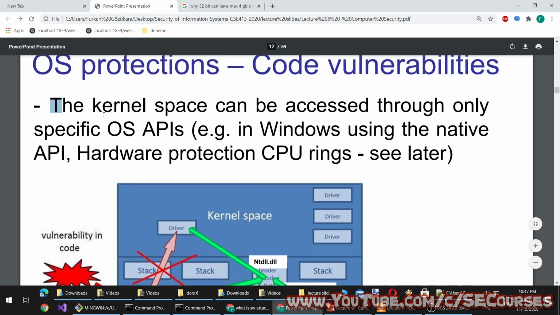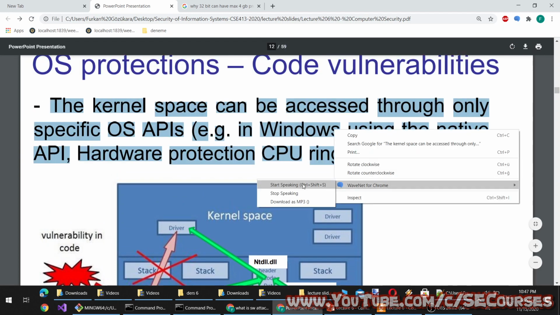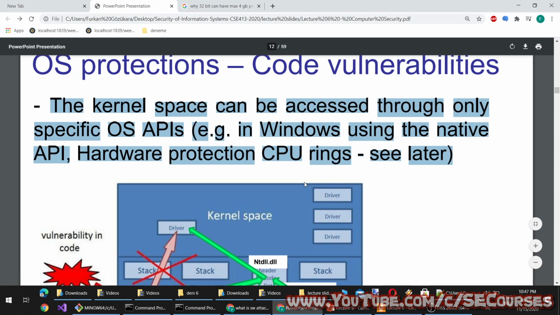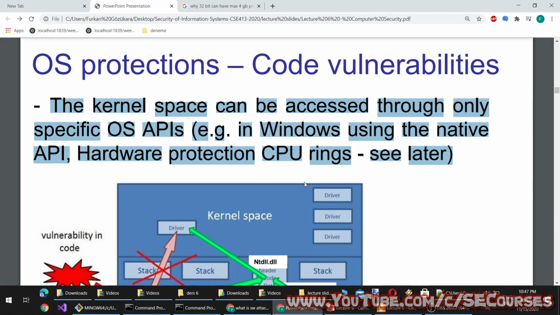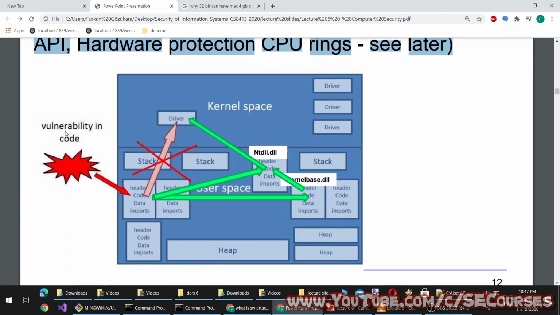OS protections, code vulnerabilities. The kernel space can be accessed through only specific OS APIs, e.g. in Windows using the native API, hardware protection CPU rings, see later. Okay, there is vulnerable code in heap, code, data, imports. So if this part of the user space can access the driver directly, then that would cause a lot of code vulnerability.